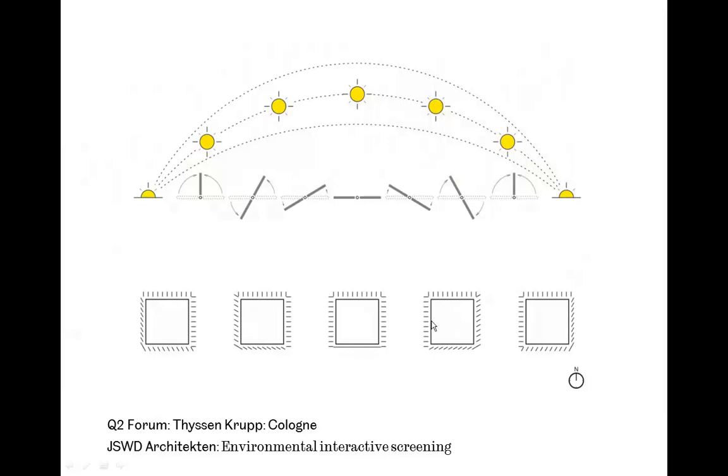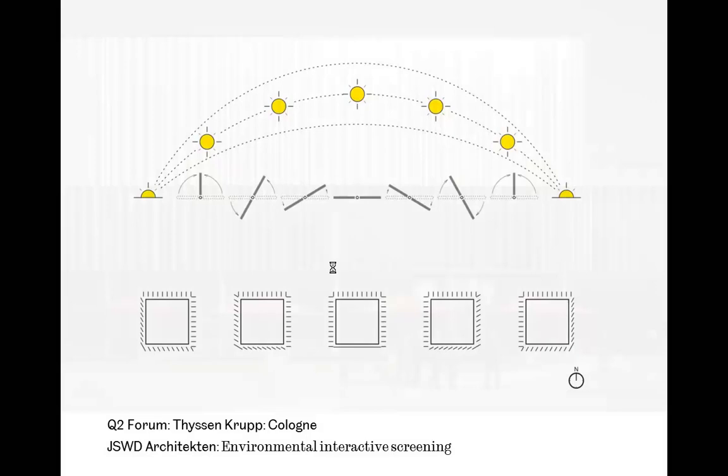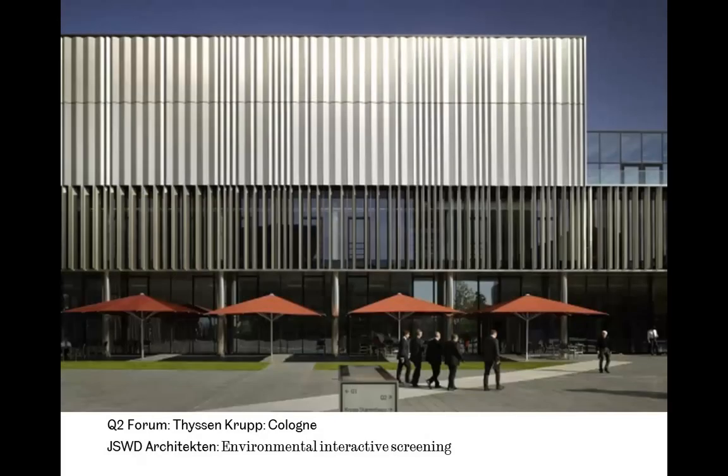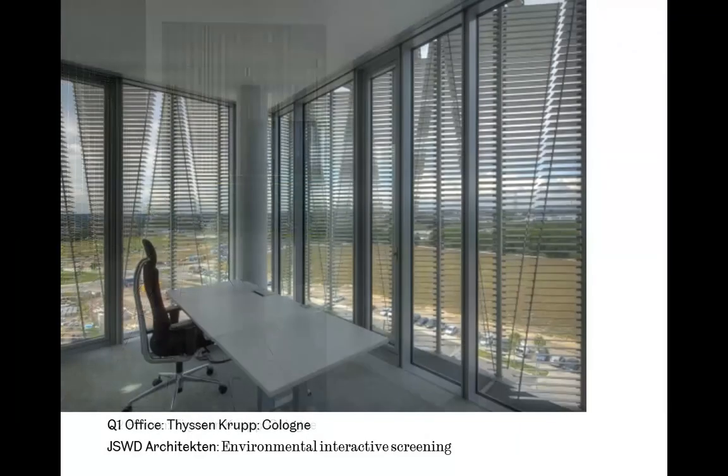Or it could be blocking out the more sort of easterly, or it could be blocking out the morning sun. And every facade is able to manipulate itself to optimize the daylight and the overheating of those spaces simply by pivoting about this central axis point. So I think it's a really interesting example.